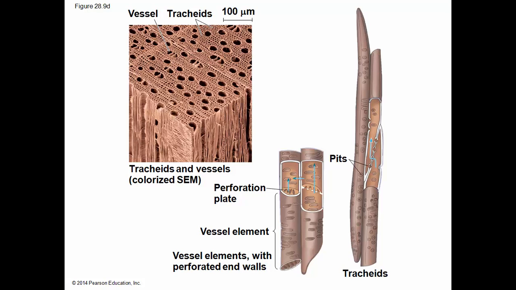In addition to tracheids, most angiosperms, as well as a few gymnosperms and a few seedless vascular plants, have vessel elements. When the living cellular contents of the tracheid or vessel element disintegrate, the cell's thickened walls remain behind, forming a non-living conduit through which water can flow.